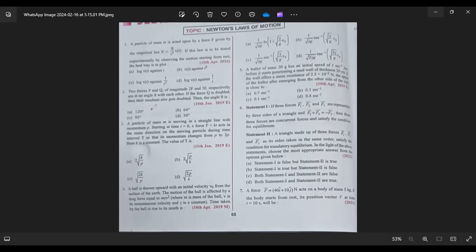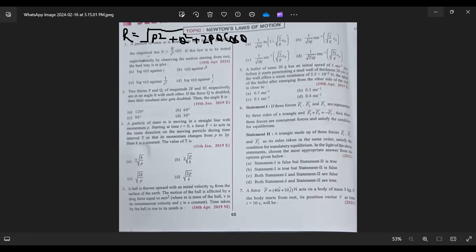The formula for the magnitude is R is equal to under root P square plus Q square plus 2PQ cos theta. This is the formula to calculate the magnitude.